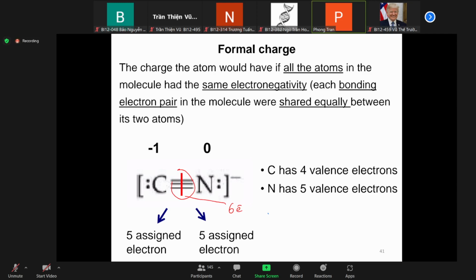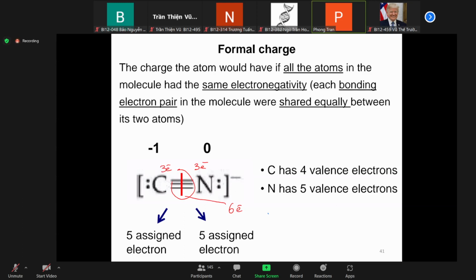However, when we calculate the formal charge, we assume that carbon and nitrogen have the same electronegativity. So you take the 6 electrons of this triple bond and divide by 2. So 3 electrons will be on the nitrogen and 3 electrons will be on the carbon.